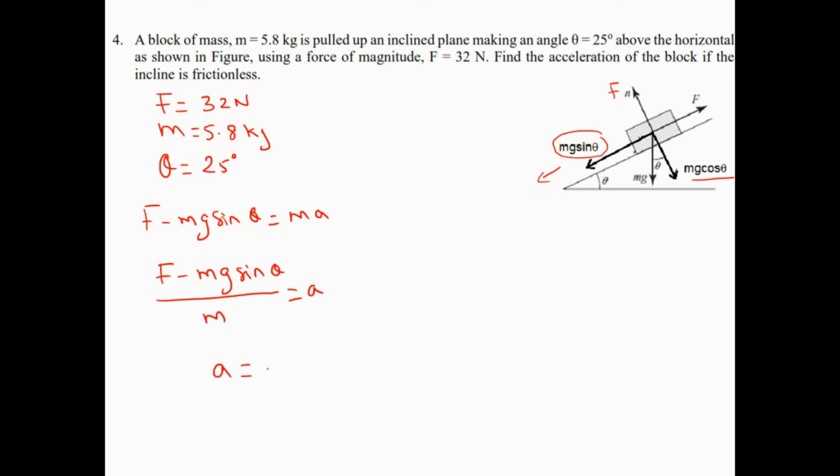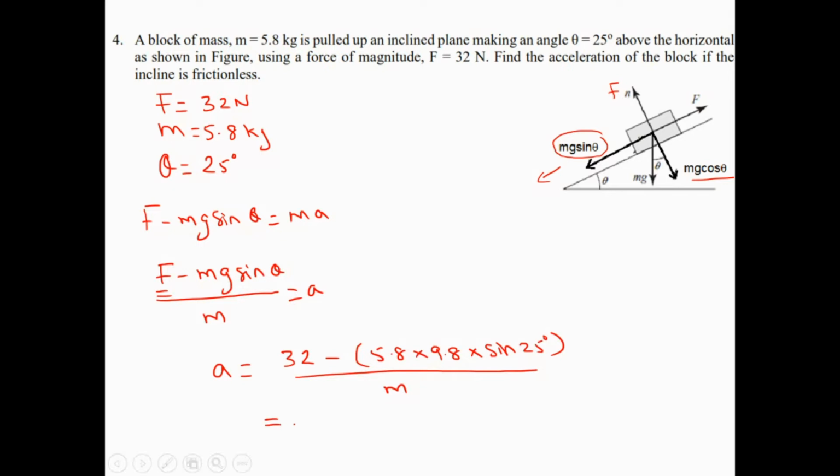Therefore, my acceleration is equal to my force here, 32 Newton, minus the mass of the object, 5.8, multiplied by 9.8 multiplied by sine of 25 degree, divided by the mass of the block.